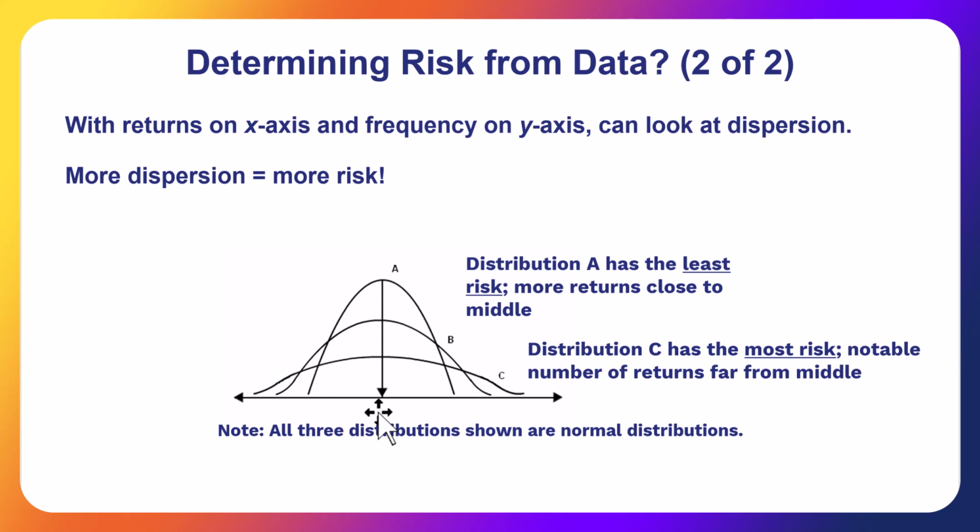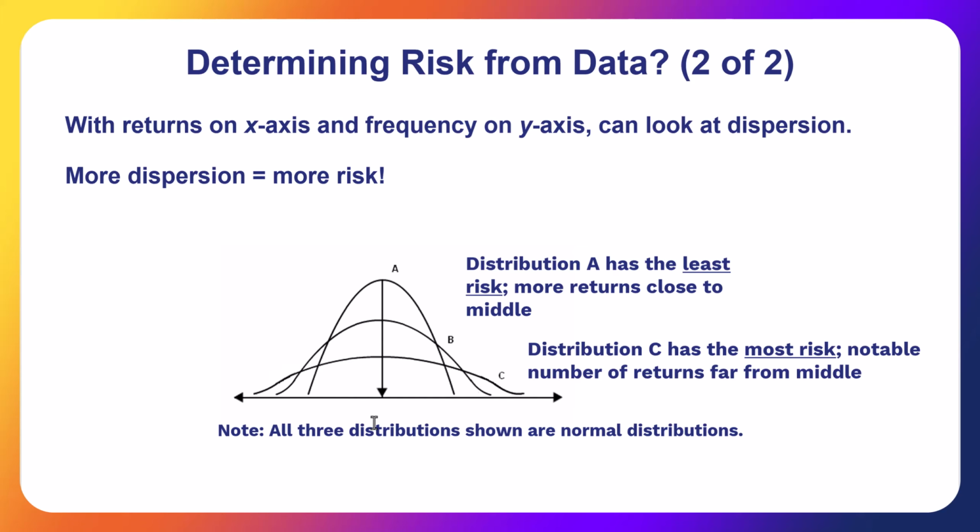It's in the same area. However, there's lots more opportunity for a wider range of returns. Said another way, there's a greater probability or possibility of having higher positive return, but there's also a higher possibility of having lower returns.